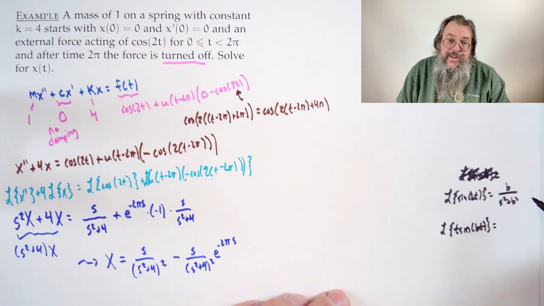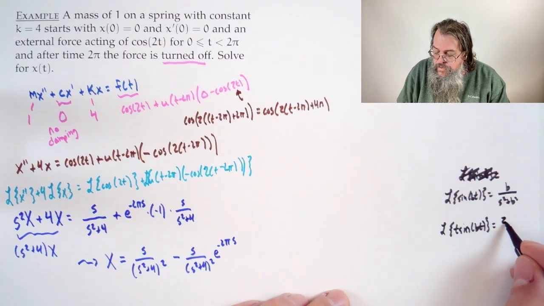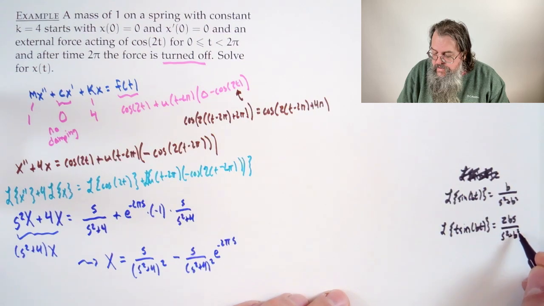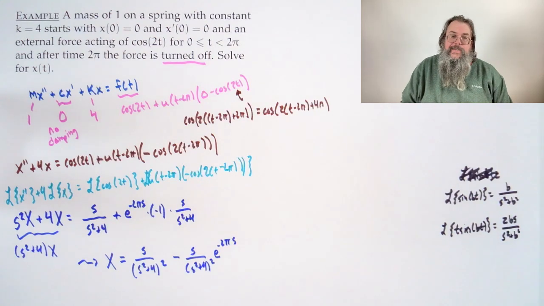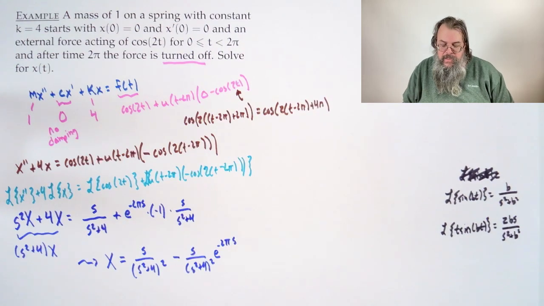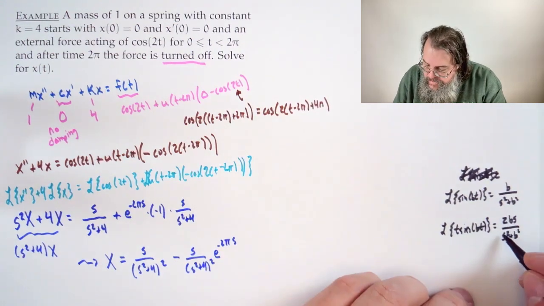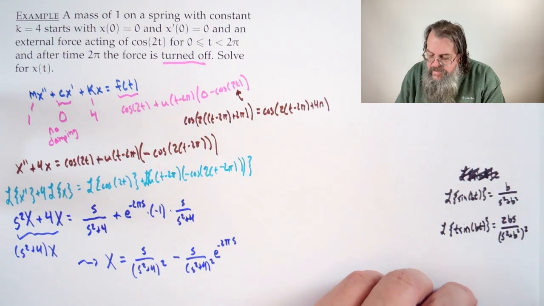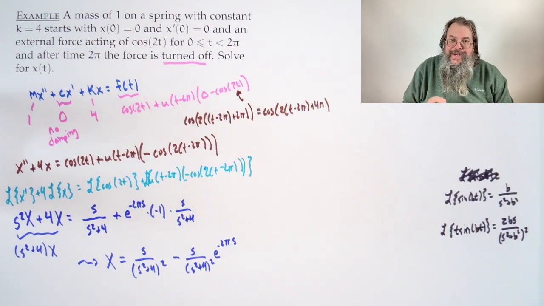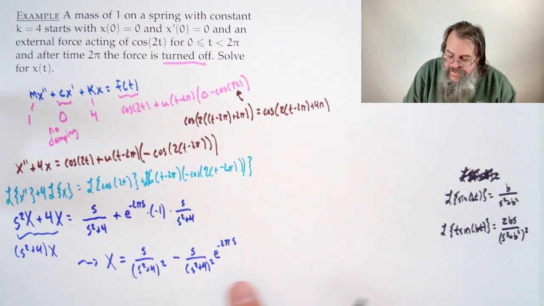Well, you take the derivative, put a minus sign, you end up with 2bs over s squared plus b squared. Okay, so that's what we have. And I forgot to say squared. So, this is very close to that.